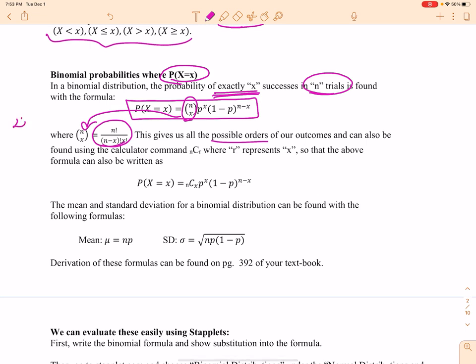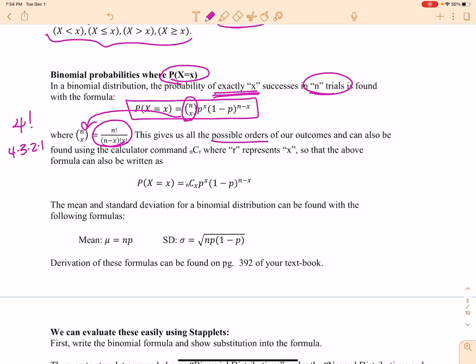For instance, if I had 4 factorial, it would mean 4 times 3 times 2 times 1. It takes that value and then multiplies every number below it all the way through to 0. It doesn't include 0, obviously. Okay, so this is just a formula on how you find all of the possible orders. I'm not going to make you do that by hand, so don't have a freak out attack.